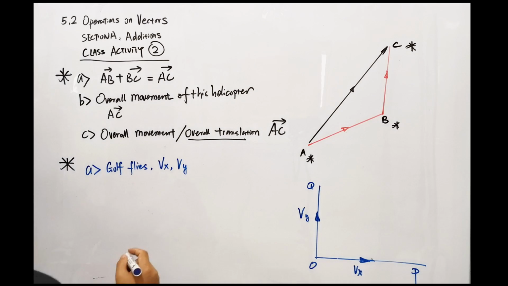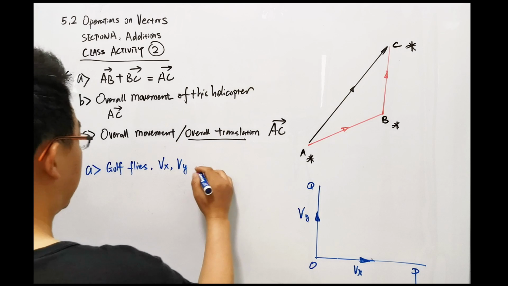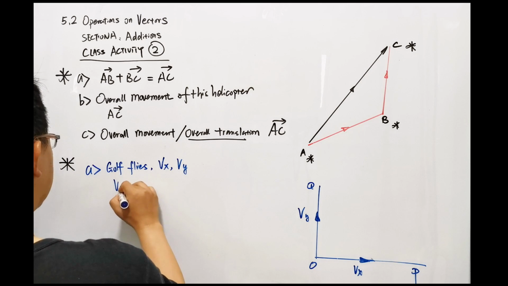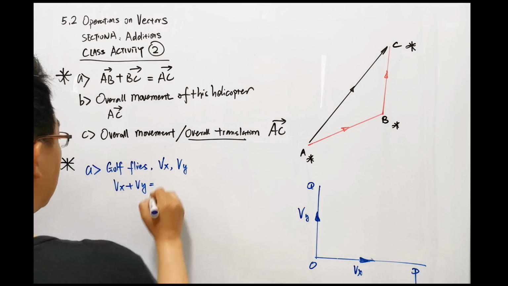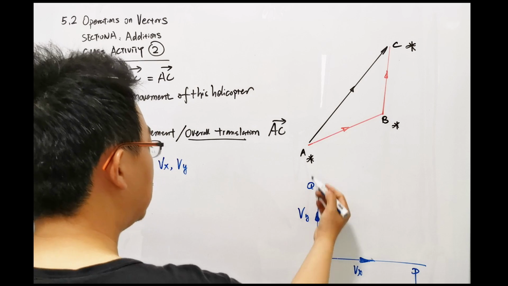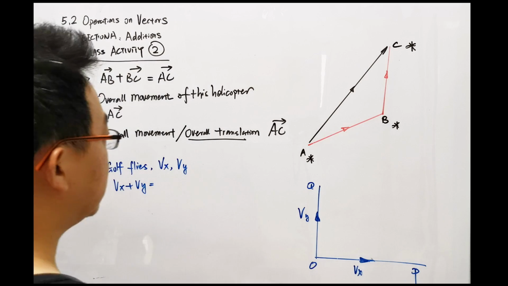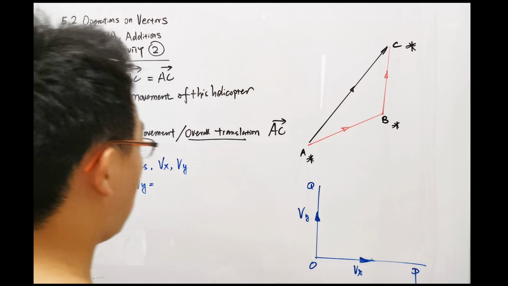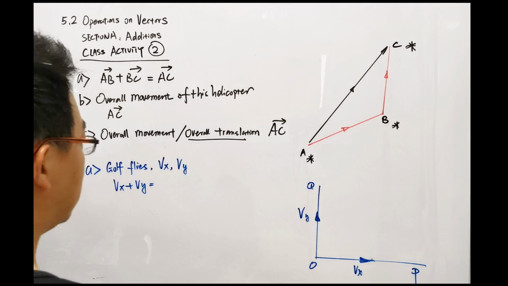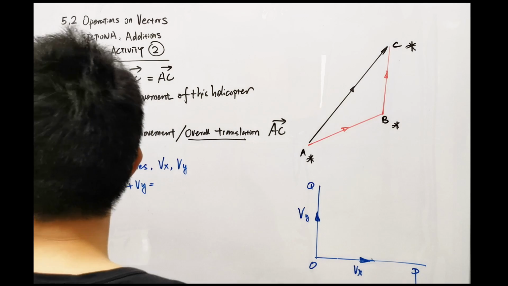So let's find the sum of these two, Vx plus Vy. We have a vertical velocity and a horizontal velocity. In this case, which law can we apply? We will apply the parallelogram law.